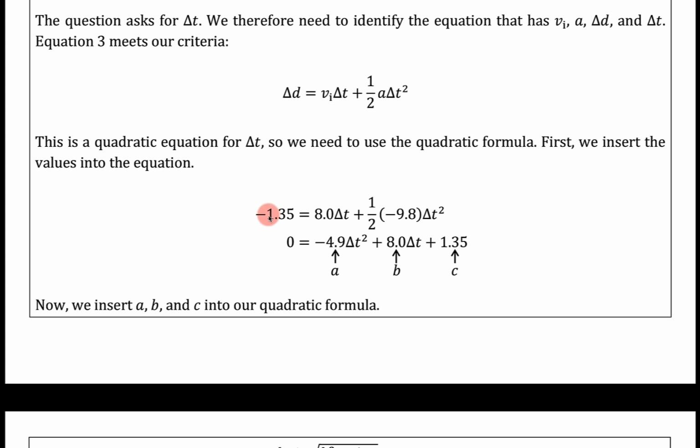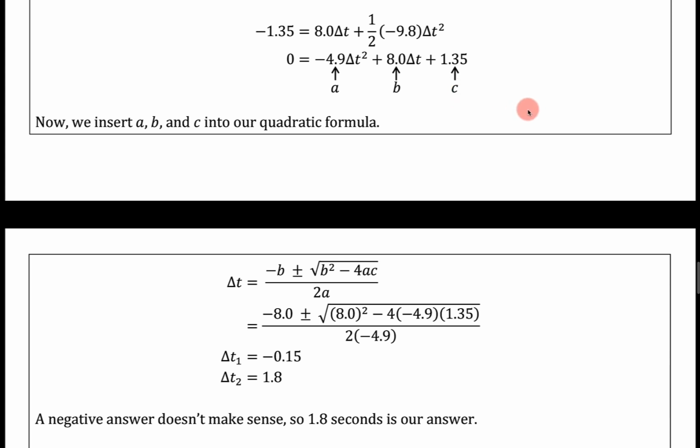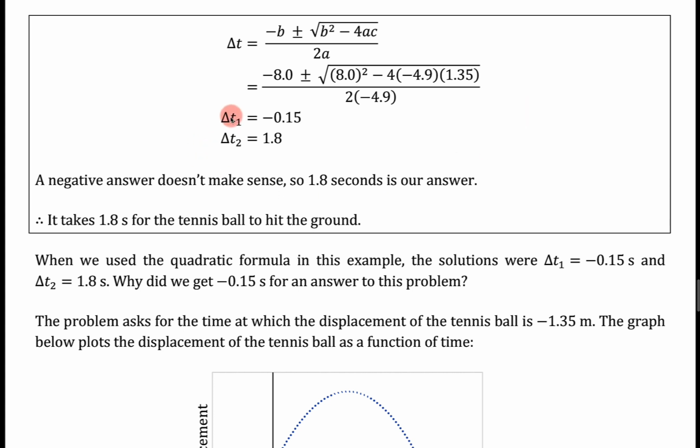Okay, so here we go. I'll plug in our values into the equation. And then we rearrange it so that it's in the form a delta t squared plus b delta t plus c. And then we insert a, b, and c into our quadratic formula. And we find that one solution is that delta t equals minus 0.15 seconds. Another solution is that delta t equals 1.8 seconds.